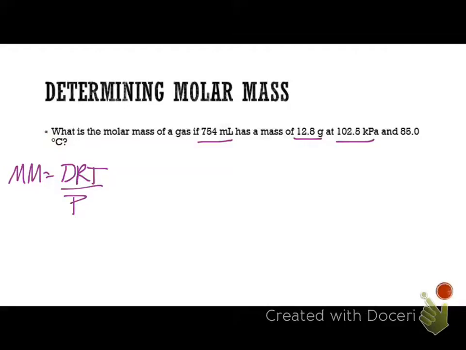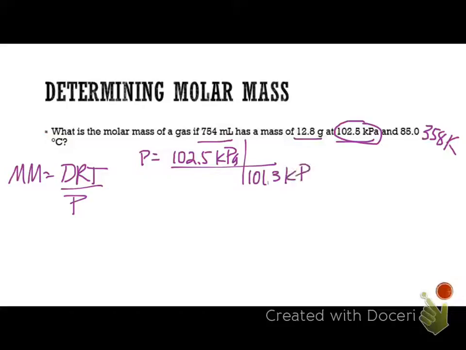So 85 degrees Celsius is going to be 358 Kelvin. I see that my pressure is not in the unit we need, so we need to do that quick conversion. 102.5 kilopascal, and our conversion is 101.3 kilopascal is equal to 1 atmosphere. So that comes out to 1.01 atmosphere.